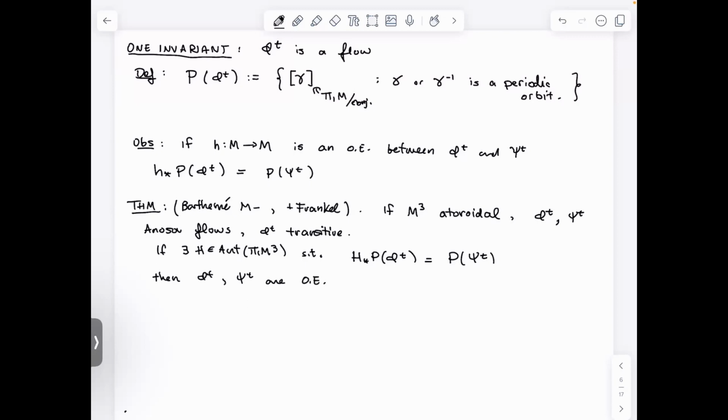They are the same by some map H, such that H induces big H on pi 1.